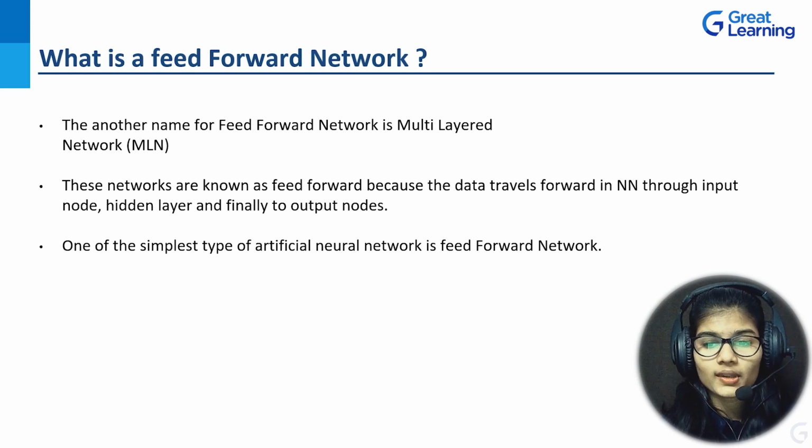As we saw in the back propagation algorithm, first it went into the input layer, then the hidden layer, and then the output layer. In the same manner, the feed forward network is named so because the data travels forward through the input node, then the hidden layer, and finally the output nodes.